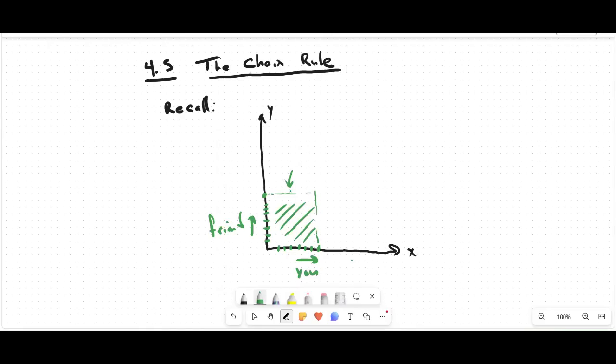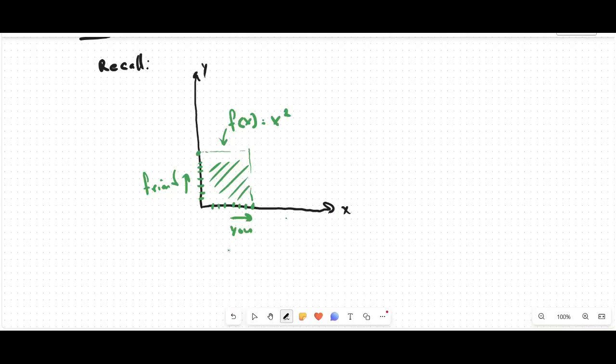So let's give that area an amount. If it's a function of x, the area would be x squared. And then let's say that you are moving, so you have a position on the x-axis, and that position is given by a function of t, and I'm going to go with a speed s, so this is some constant, times t.